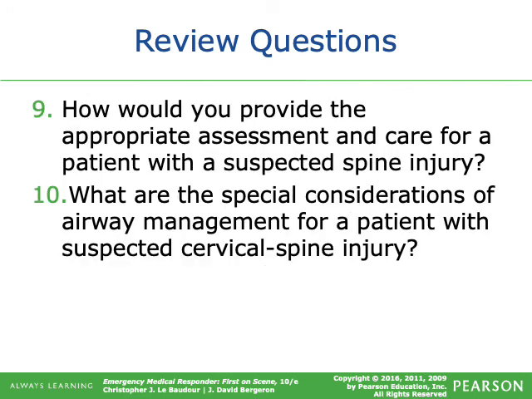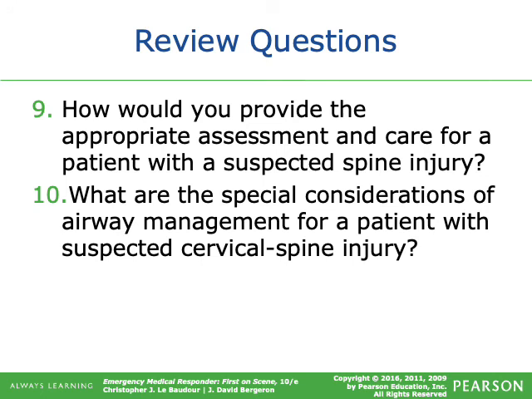How would you provide appropriate assessment and care for a patient with a suspected spine injury? Airway, breathing, circulation always take precedence over protecting the spine, though that is still very important. So you assess them accordingly. If you have a significant mechanism of injury, always assume they have a spinal injury and just proceed with whatever care is required for the specific situation.